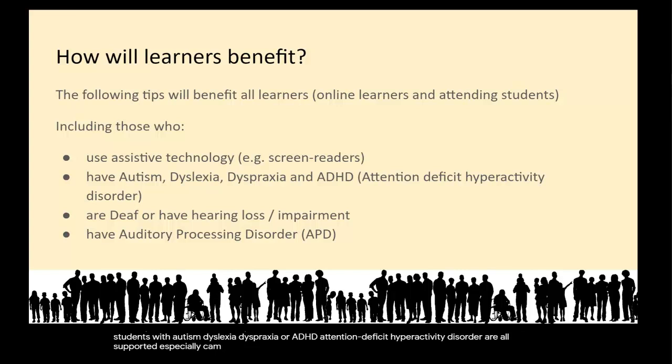Students who are deaf or who have a learning impairment, or students who have auditory processing disorder, which is not the inability to hear, it's the inability to interpret, organise and analyse what they're hearing. Also, we need to make sure that some reasonable adjustment is made for them.